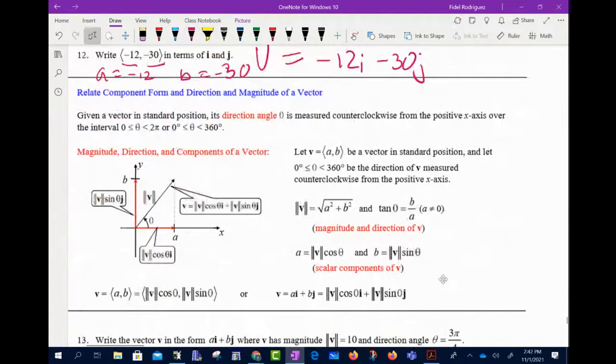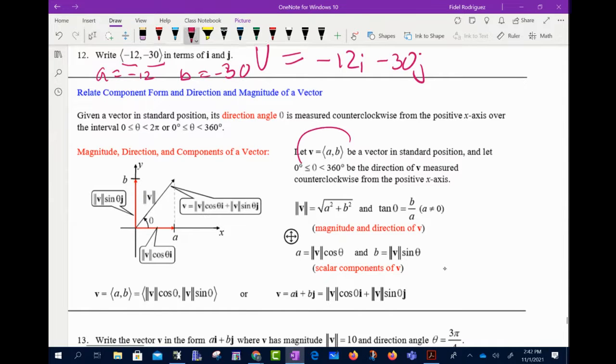Okay, so it says relate component form and direction and magnitude of a vector. Given a vector in standard position, the direction angle theta is measured counterclockwise from the positive x-axis over the interval from 0 to 2 pi, or from 0 degrees to 360 degrees. Let's see, magnitude, direction, components of a vector.